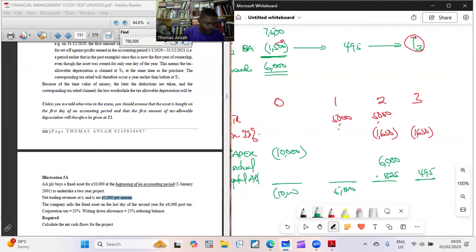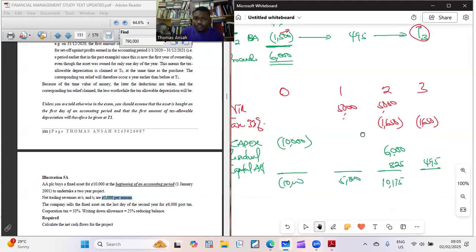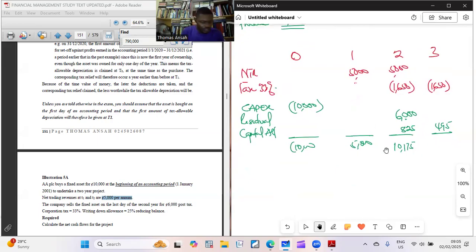Then plus 825. That is one. Then this one will be minus 1,650 plus 495. So that is 1,155. Then discount factor will be given in the question.